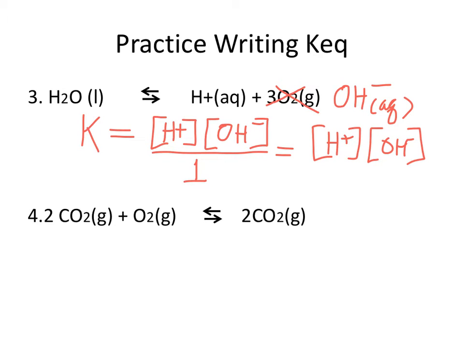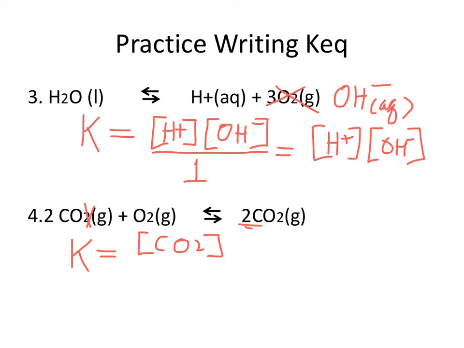And then we have another one. Okay, so in the next example, we have carbon monoxide gas reacting with oxygen gas to produce carbon dioxide. So we have K is equal to the products. The product is a gas, so CO2.